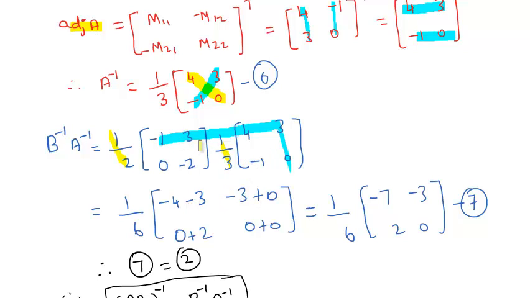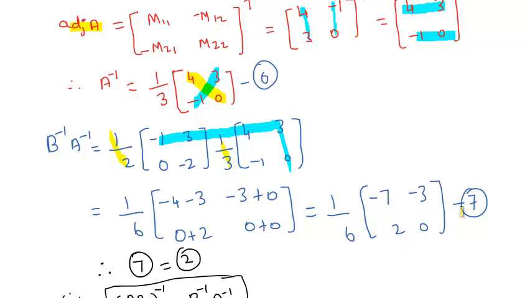Similarly for the second element, you multiply the first row with the second column. What value will I get? Minus 1 into 3 is minus 3, and 3 into 0 is 0. Similarly, if you multiply the second row with the first column and then the second row with the second column, you will get these two values. If you simplify these values, finally you will get 1 by 6 into -7 -3 2 0.